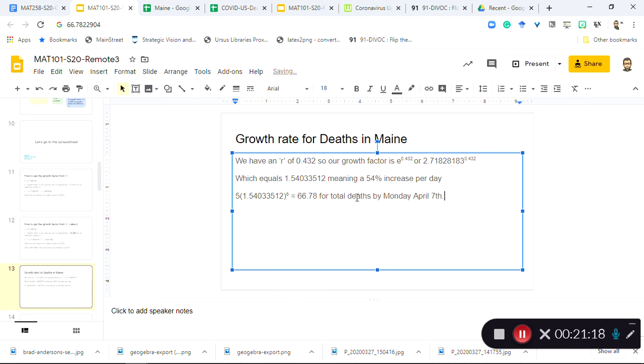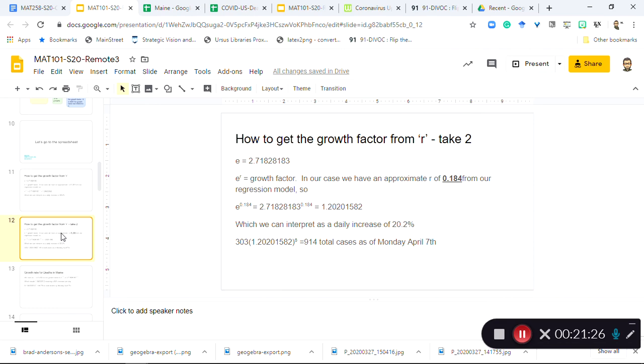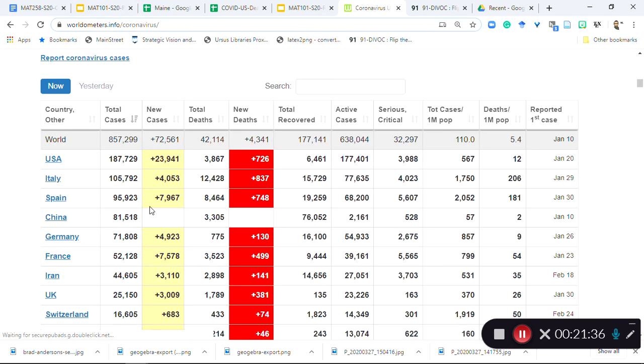Now, hopefully this is a vast overestimate, but this is the nature of exponential growth. Things pick up quickly, just as our prediction for almost 1,000 cases by the time you're viewing this video. You can see this so poignantly looking at the total cases right now in the United States.